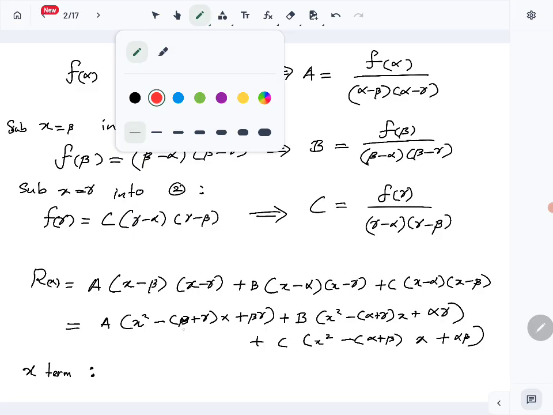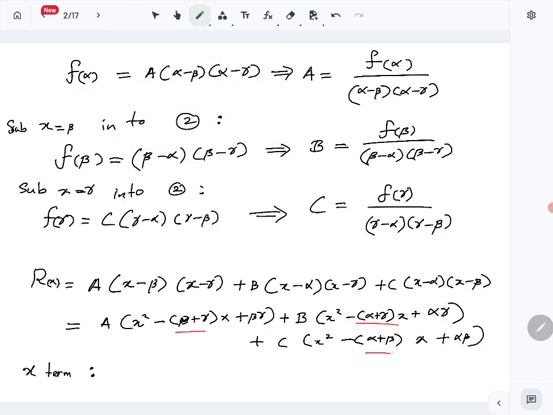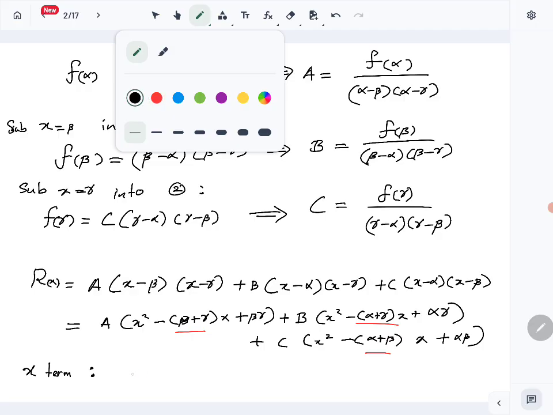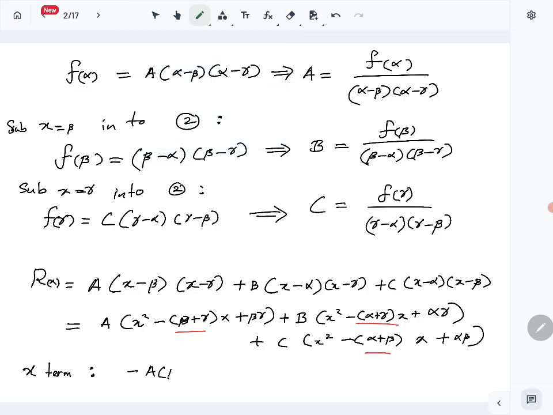So for the x term, these three, you will get minus a beta plus gamma, minus b alpha plus gamma, minus c alpha plus beta. Now according to the given data, we want to find k when this is 0. We want this coefficient to be 0, right?